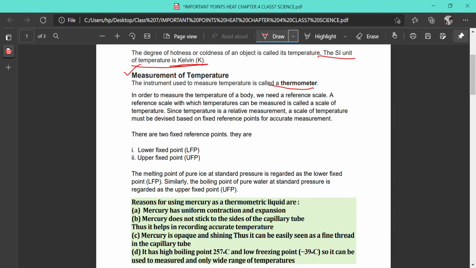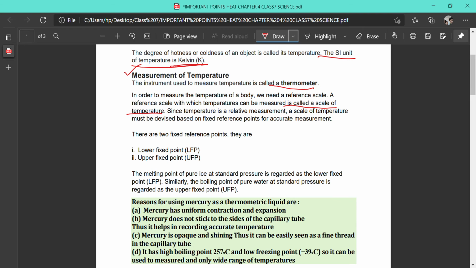Now I will give you some important points. In order to measure the temperature of a body, we need a reference scale. With reference to that scale we measure the temperature of any object. A reference scale with which temperatures can be measured is called the scale of temperature.